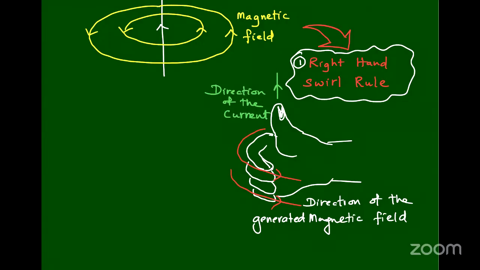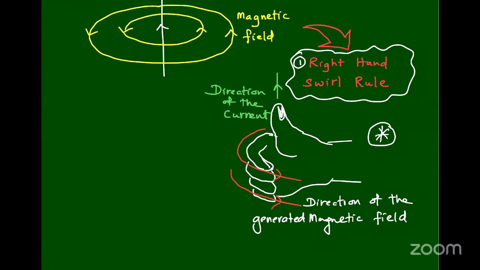In the exam, you need to use these rules to determine the direction of the current or the direction of the formed magnetic field. Remember this point. I think in the workbook it's given there, so no need of drawing, but remember how to use it.